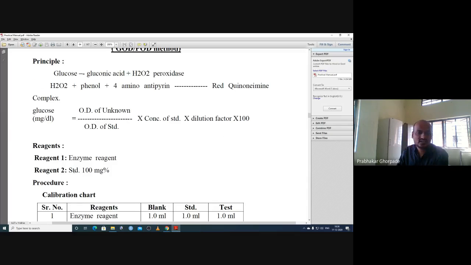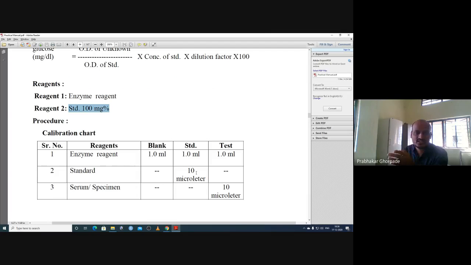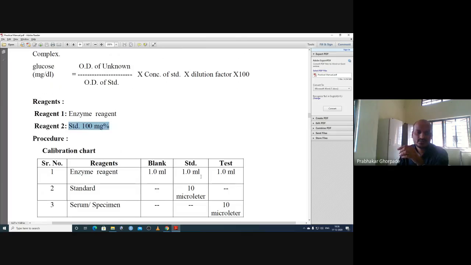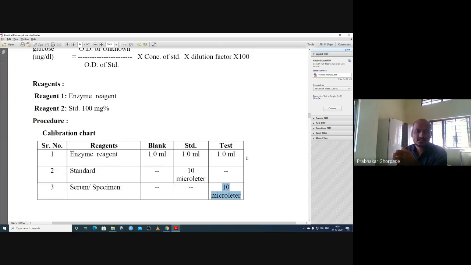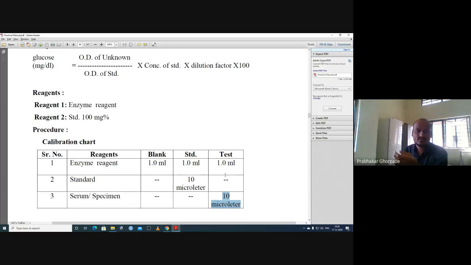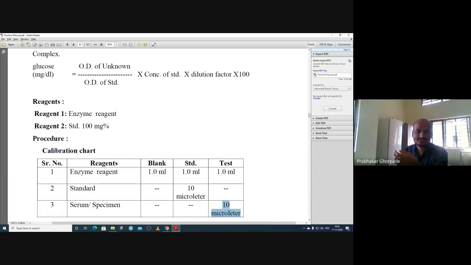And we know that for 100 milligram percent glucose, we should get a particular intensity of the color. And now here is the test: 1 ml enzyme reagent plus serum or the specimen. We expect that if glucose is present in the serum, we should get some color, and the intensity of this color should be proportional to how much glucose is present, and that is why we are following this equation.